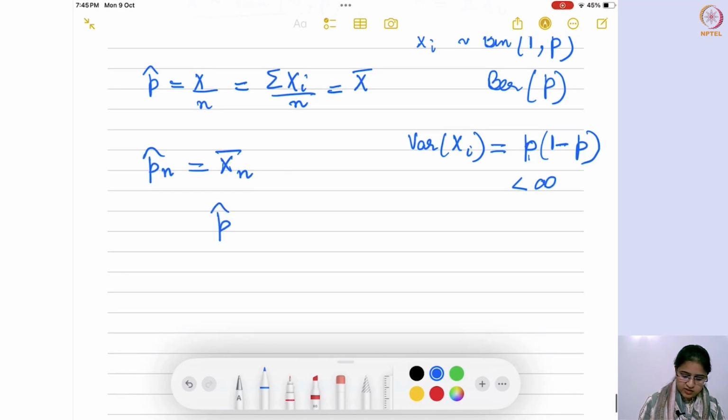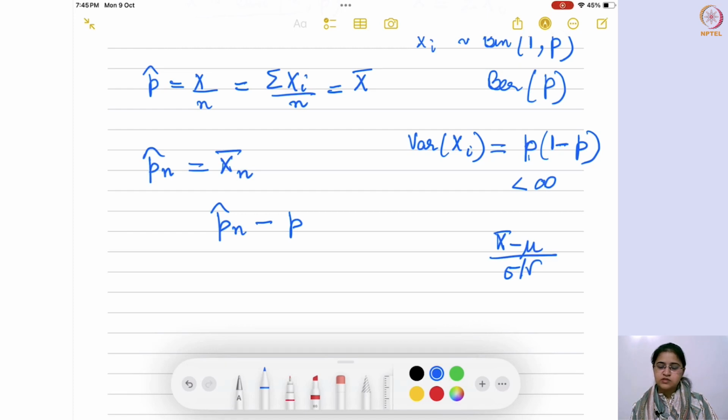For p n hat minus p, we know that x bar minus mu divided by sigma by root n would follow a normal distribution with mean 0 and variance 1.